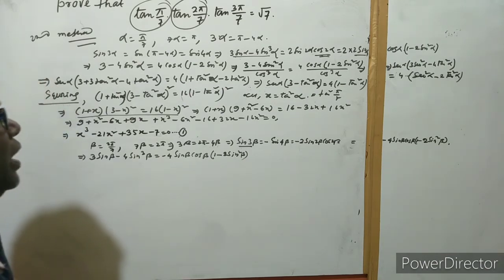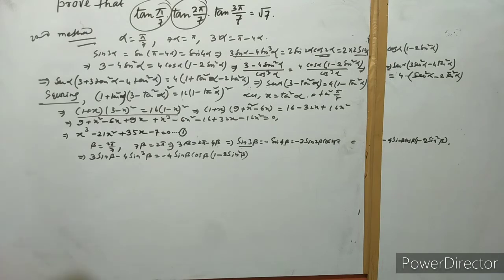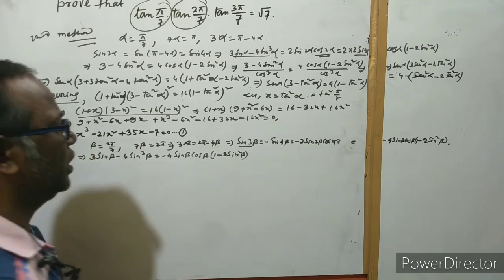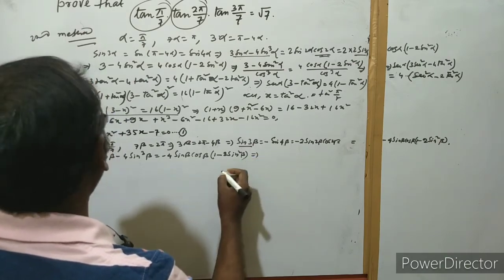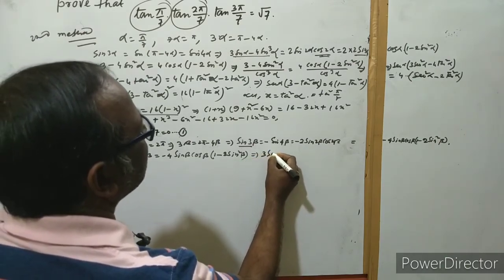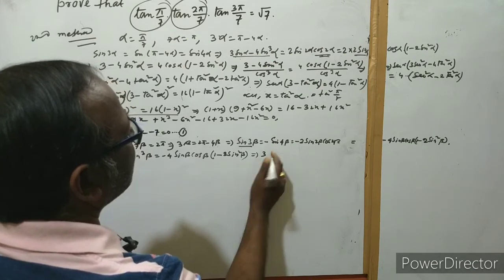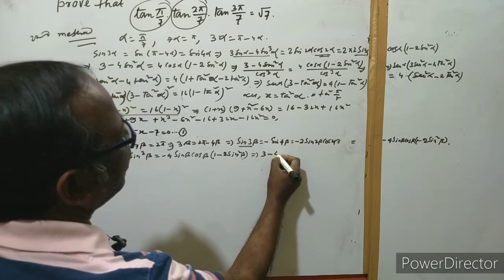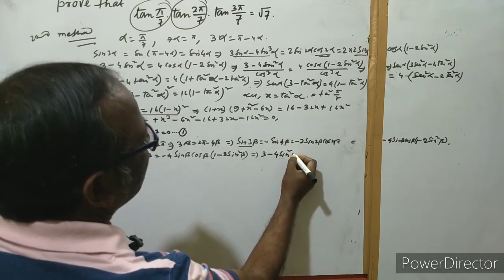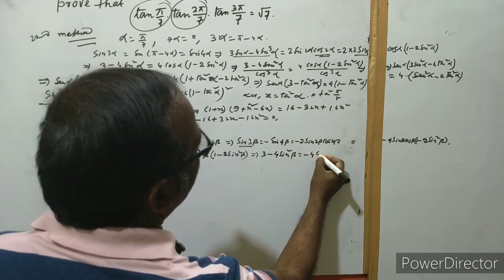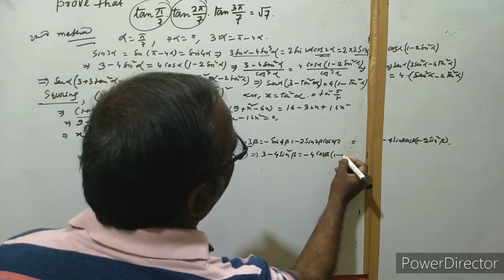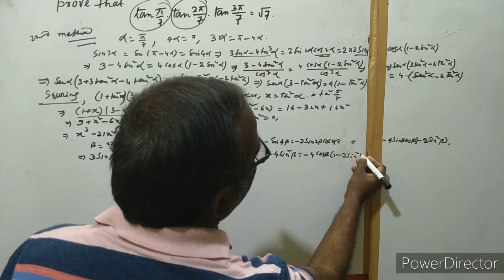As you know, beta is equal to 2 pi by 7, therefore the sine of 2 pi by 7 is never 0. So that's why we can cancel the factor sine beta. So here we have 3 minus 4 sine square beta, and on the right 4 cos beta times 1 minus 2 sine square beta.